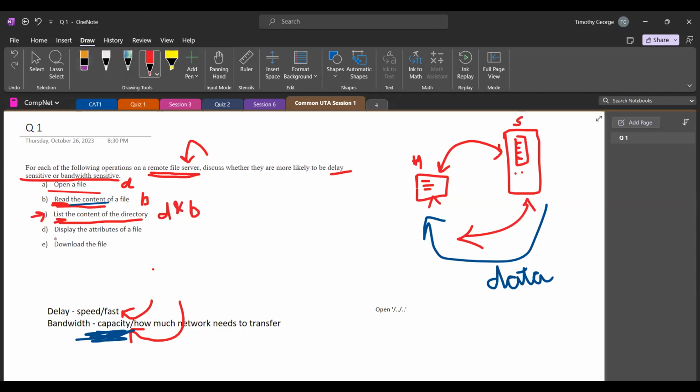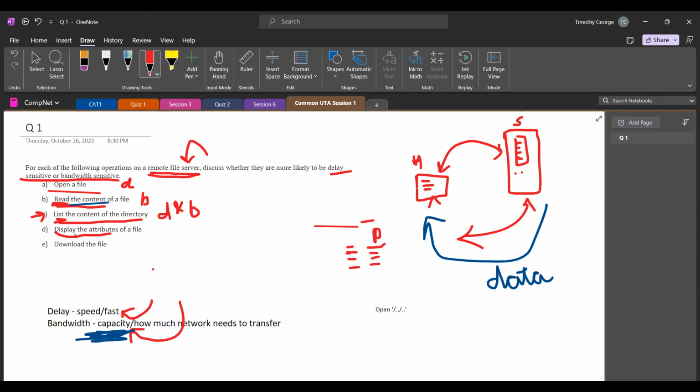What about displaying the attributes? If you know how you list the contents of a directory in Linux, you put a command and you would get all the file names, right? And you can add another parameter to that, and you would get all the permissions. So who created it, who has permission to edit it, all these things will also come.